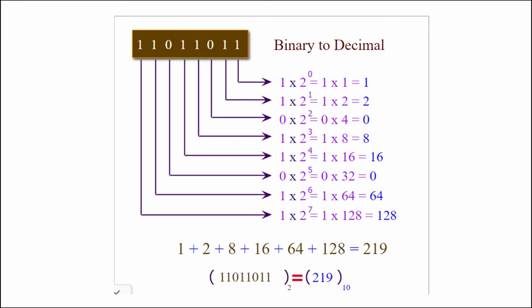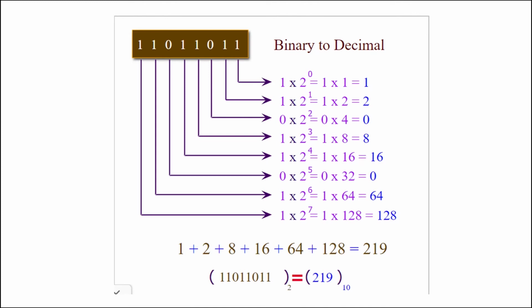The second position bit value is, sorry, the first position bit value is 1. So it gives 2 to the power 1. The decimal value represented by this bit is 1 multiplied by 2 to the power 1, so the value is 2. Like that, the 7th position, the left hand side first one, has a value of 1.